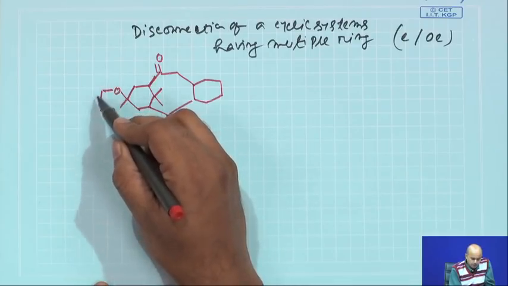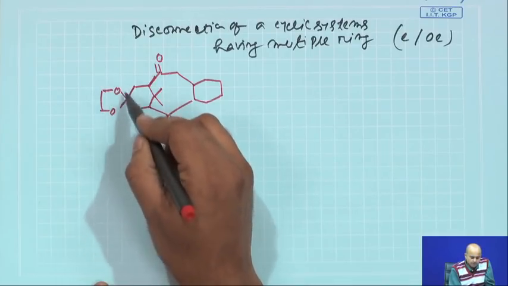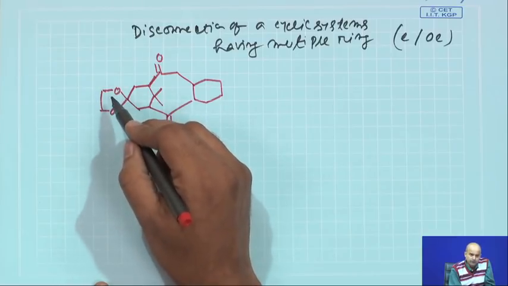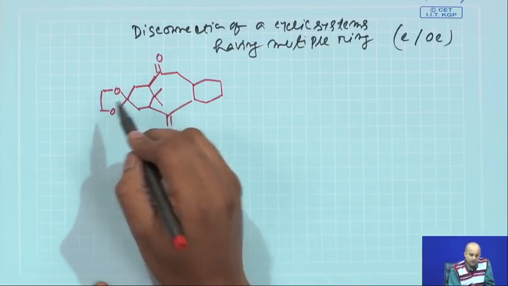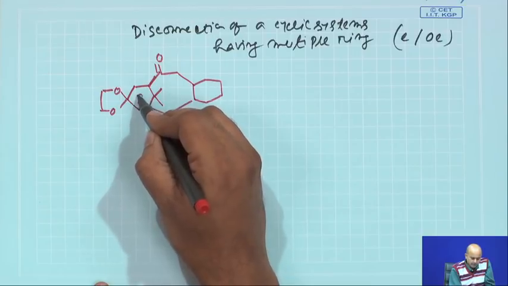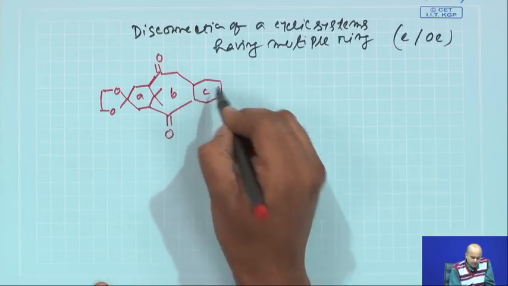We are trying to avoid this ketal moiety. This is also a ring, but this is basically a protecting group for this carbonyl. So, ring A, ring B, ring C.